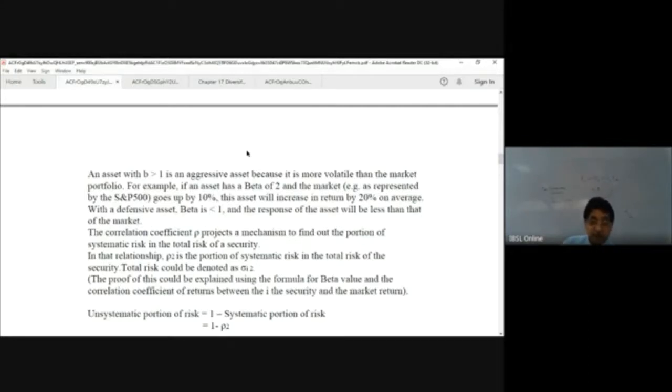Such knowledge is very important for our analysis purposes. In that relationship, rho squared is the portion of systematic risk in the total risk of the security.